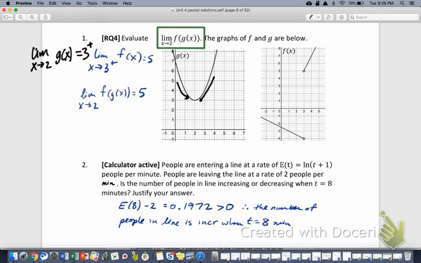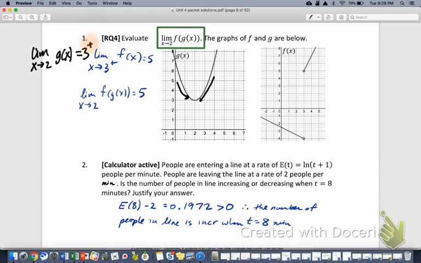If we were to look at a table of values for this g of x graph, we would see that every single value on the table is greater than 3, except right there when x equals 2. So that's why I would propose that we're actually seeing a limit value of 3 from above 3.